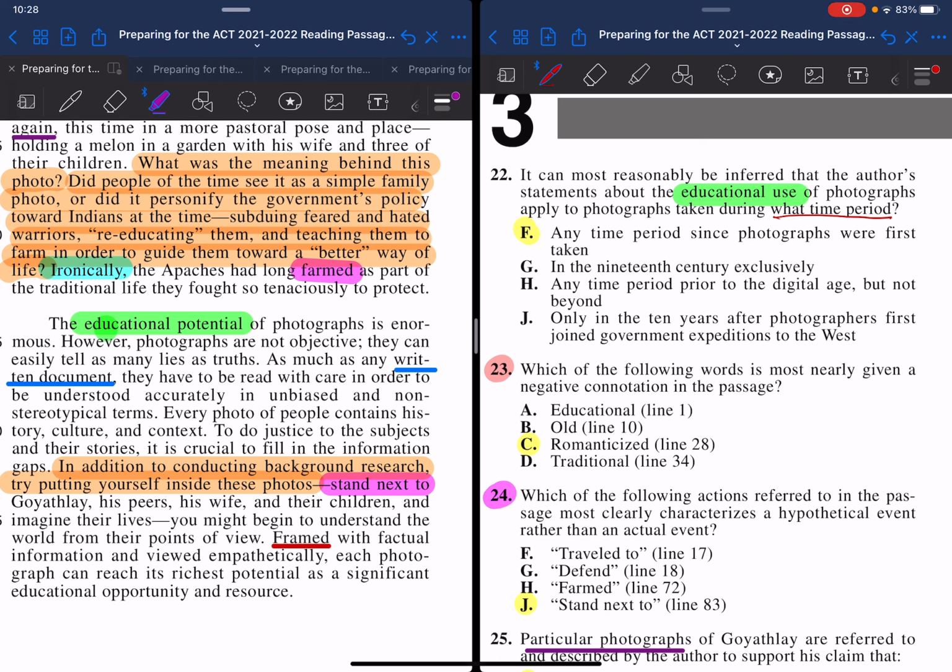Then another one at the top here, and another well-known studio portrait in 1890, he poses with a rifle. And then a few years later, he was photographed again, this time in a more pastoral pose, holding a melon in the garden with his wife and three of their children. So, these particular photographs are referred to and described by the author to support his claim.